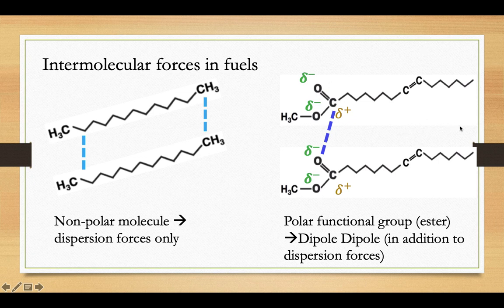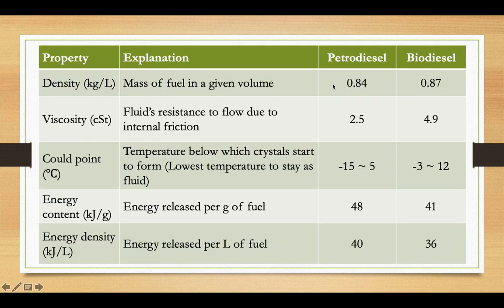Because of the difference in intermolecular forces, they have very different physical properties. For example, in density, biodiesel is slightly more dense than petrodiesel. You can imagine that the extra layer of dipole-dipole attraction will help the molecule to pack closer together.